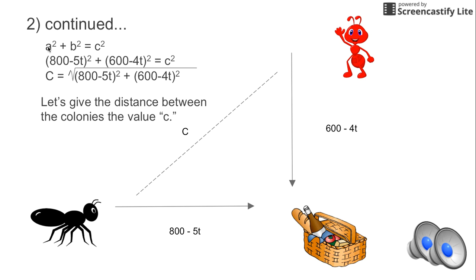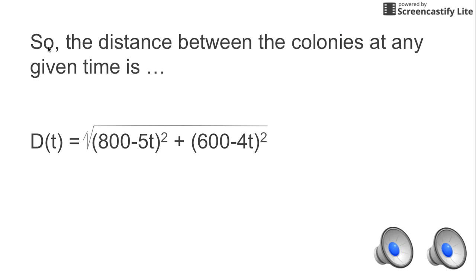And when we take the square root of both sides, we see that c is equal to the square root of (800 minus 5t) squared plus (600 minus 4t) squared. So the distance between the colonies at any given time is the square root of (800 minus 5t) squared plus (600 minus 4t) squared.